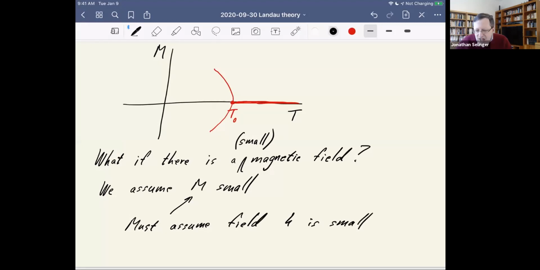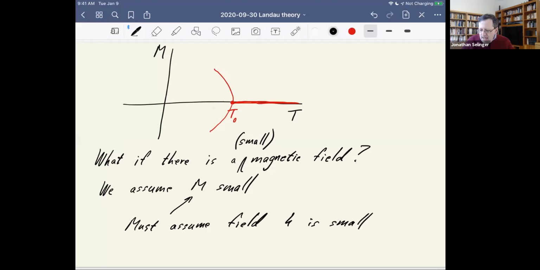If the field H were big, then M might be something big, and the power series wouldn't really work. The power series would need to include some huge number of terms. Okay, so what do we do if there's a small magnetic field?